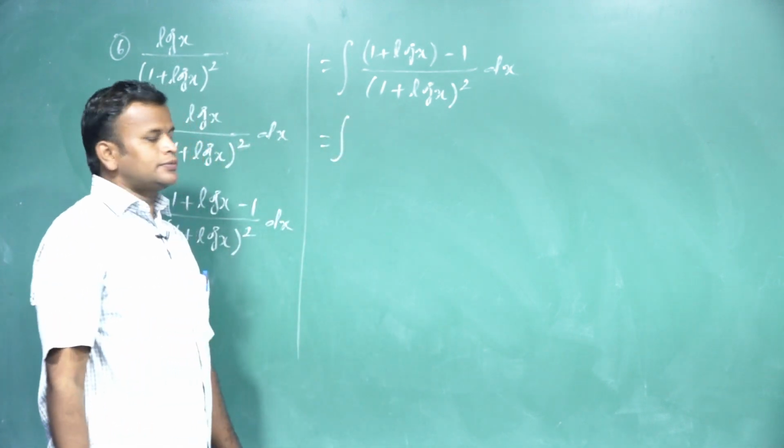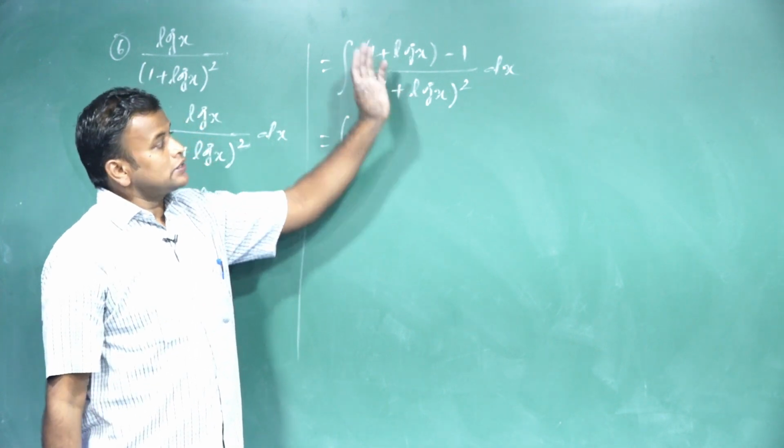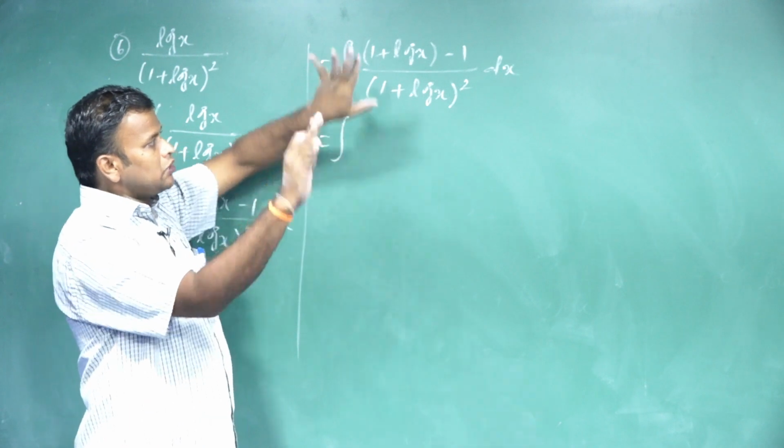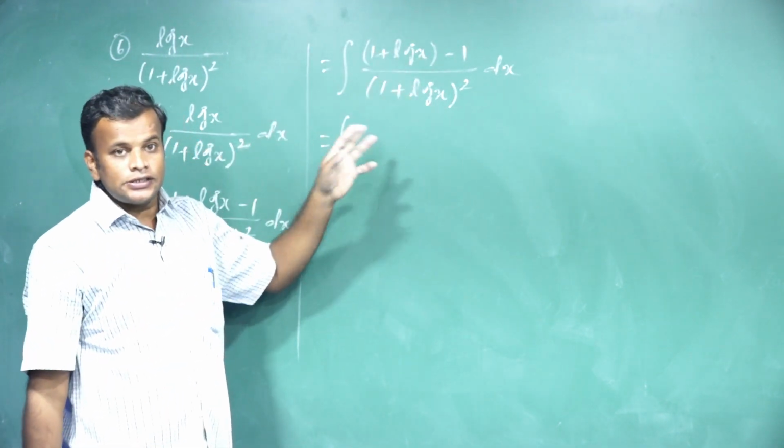Next, do you have any idea? The denominator is 1 plus log x the whole square, and the numerator is these 2 terms. Suppose we split into 2 terms; the 1 plus log x term may be cancelled, there is a chance.